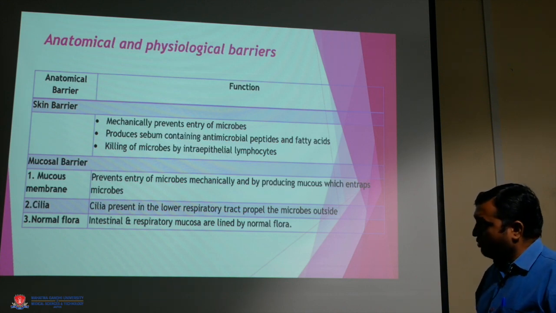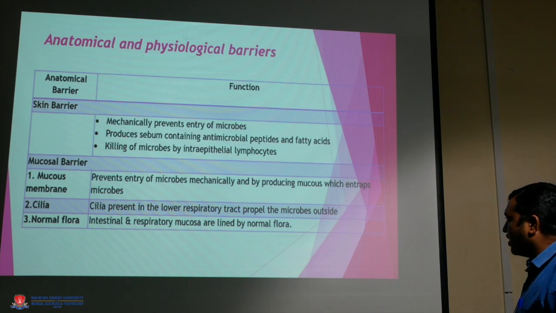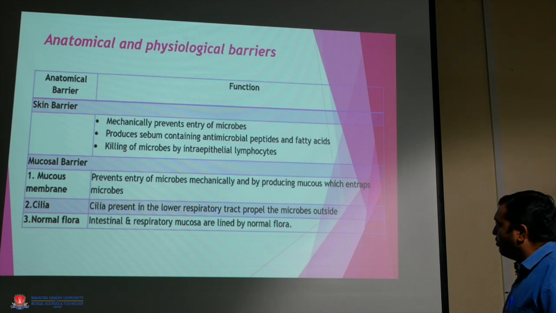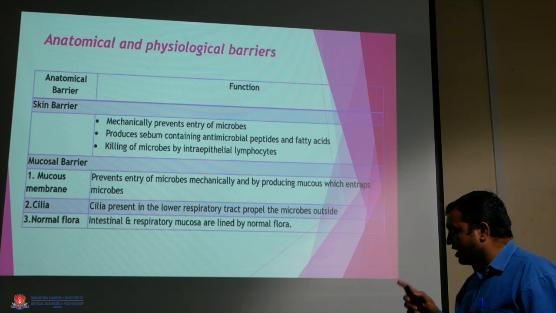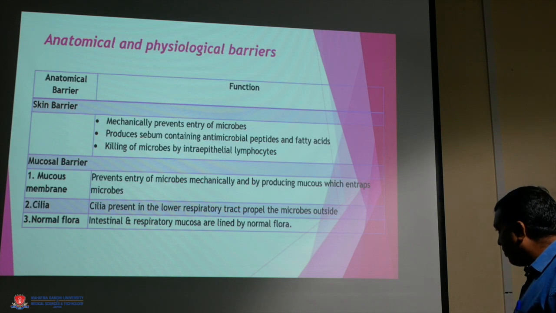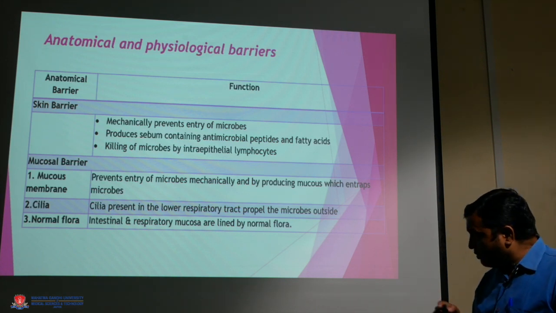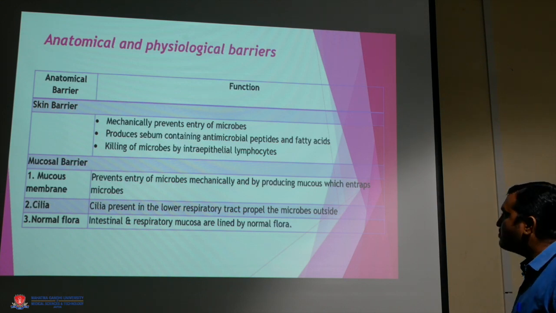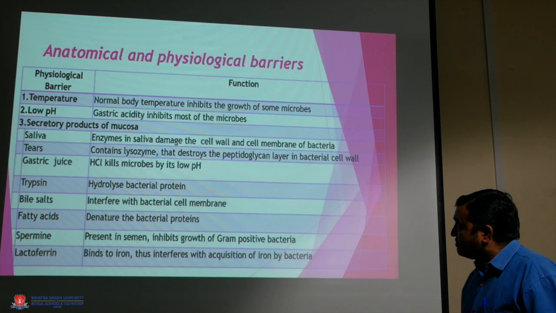Mucosal barrier: mucous membrane prevents entry of microbes mechanically and by producing mucus which entraps microbes. Cilia present in the lower respiratory tract propel microbes outside. Normal flora: intestinal and respiratory mucosa are lined by normal flora.